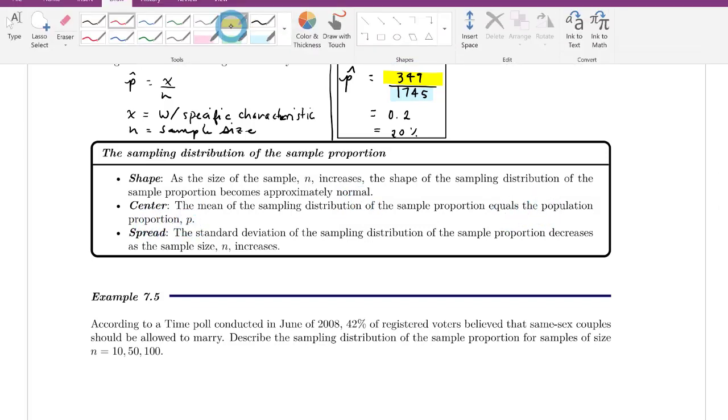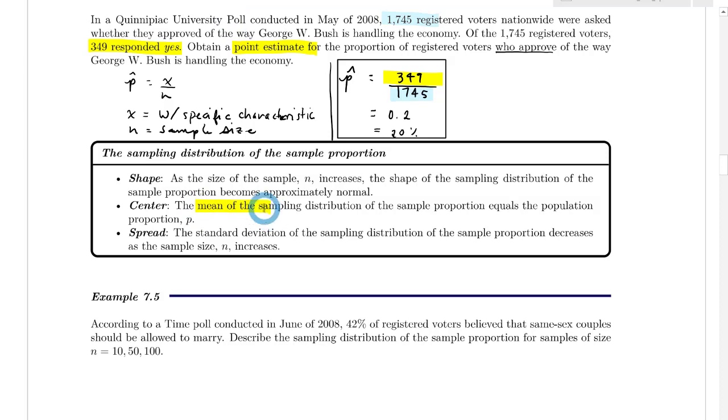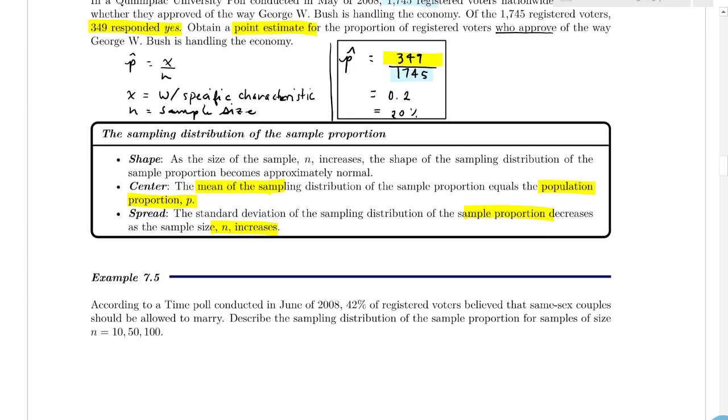So we take the mean of a sampling distribution of sample proportions to be the population proportion. And the spread is the same, right? The standard deviation of the sample proportion decreases as the sample size increases. So the formulas are going to be similar, and again, these are all on your formula sheet.